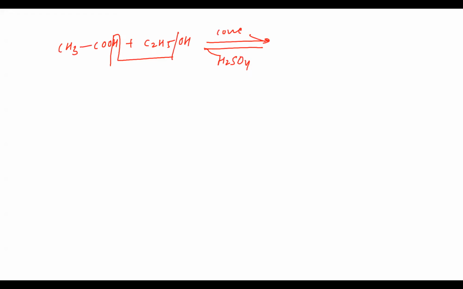Okay, I'm giving you the questions. Here you see CH3COOH plus, earlier it was C2H5OH. If you are treating with concentrated H2SO4, H here and OH here, it was giving CH3COOC2H5 plus H2O.